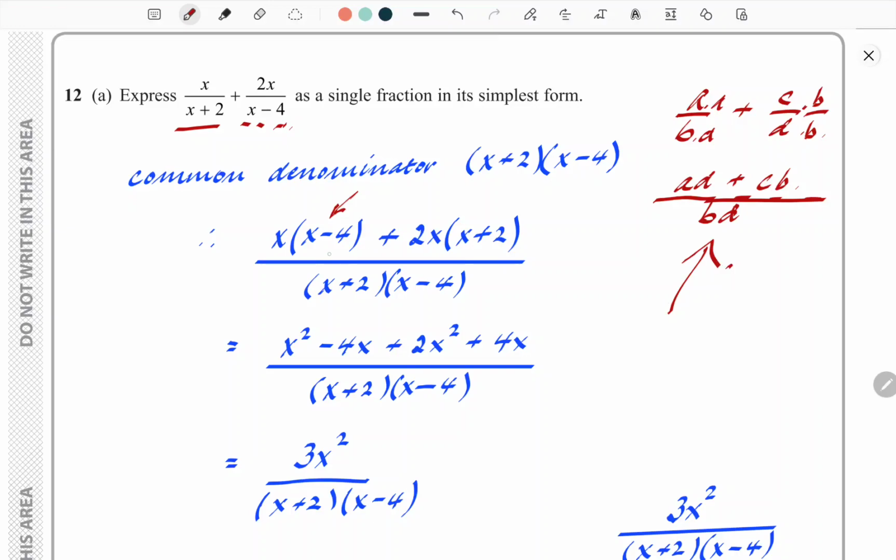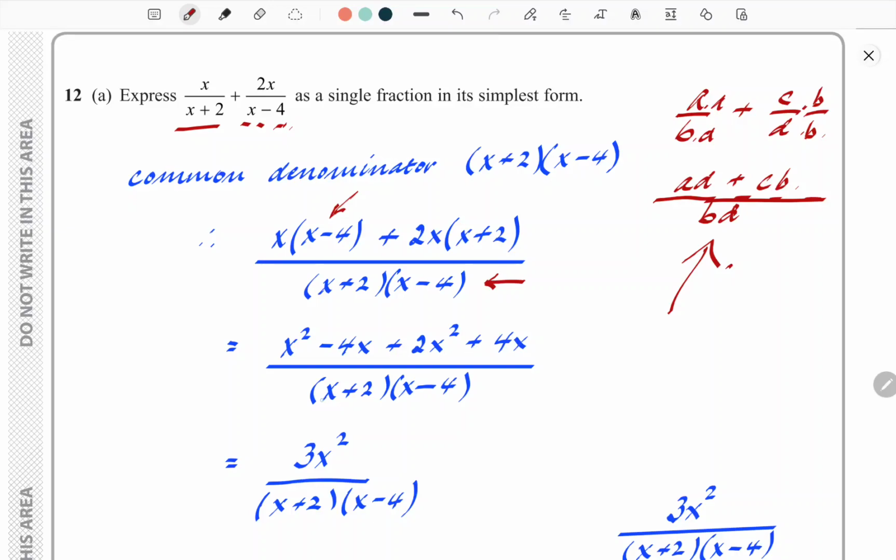All right. So underneath it, we've got the common denominator, x plus 2 times x minus 4. And on the top, we have x times x minus 4 plus 2x times x plus 2. All right. So expanding those brackets out, we've got x squared minus 4x plus 2x squared plus 4x.